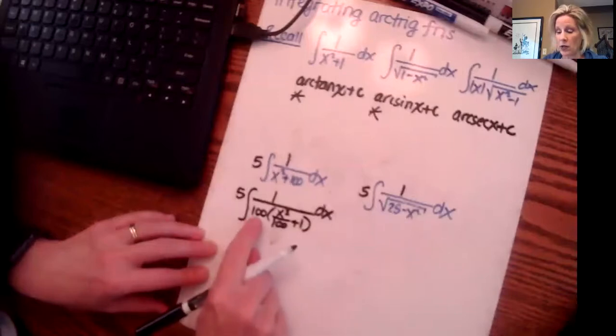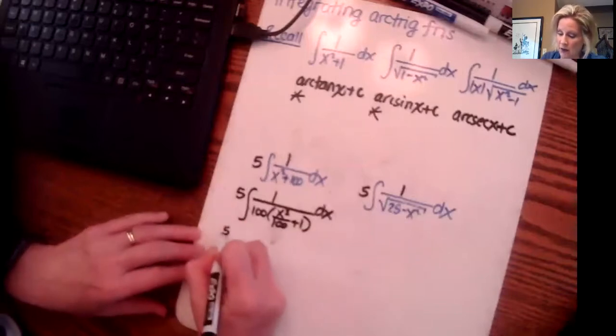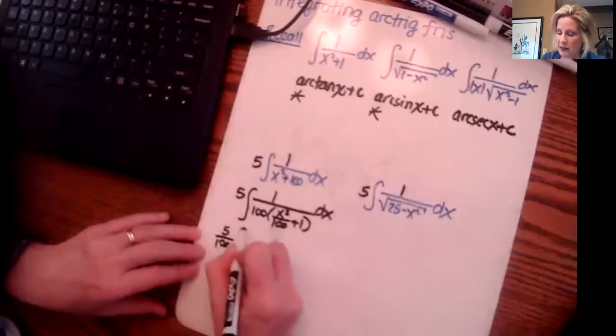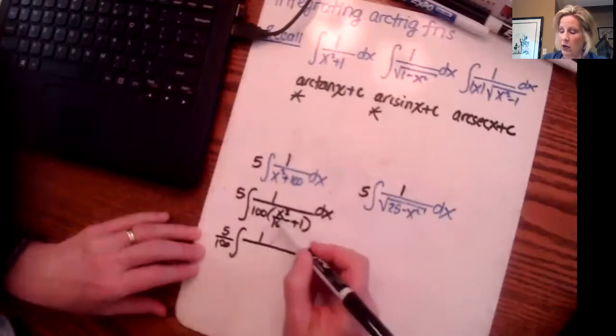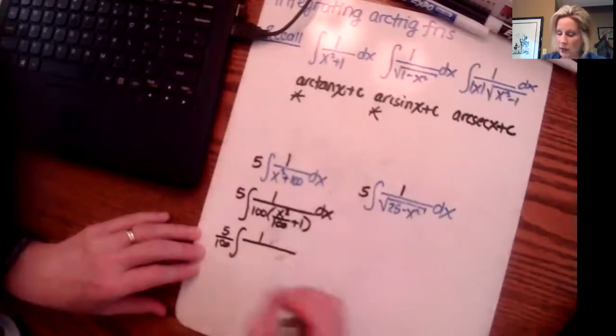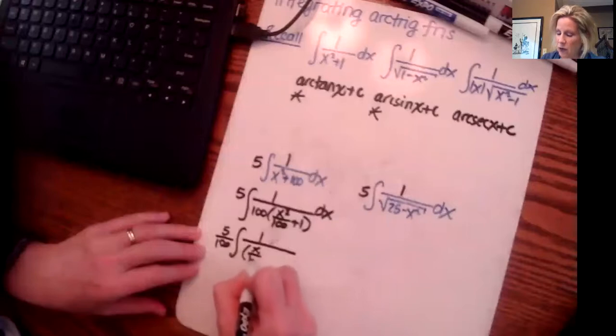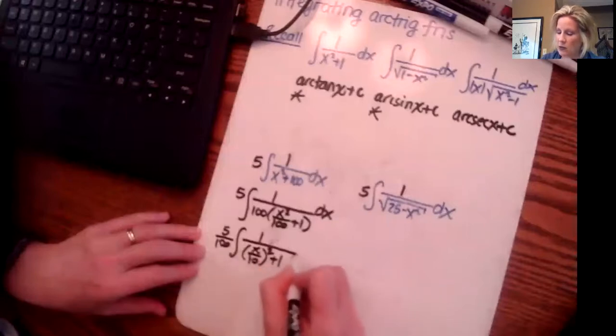Now, this 100 can come out. So now I've got 5 over 100. It can come outside of the integral. And I've got 1 over. Now, let's write the x squared over 100 as x over 10 squared plus 1.